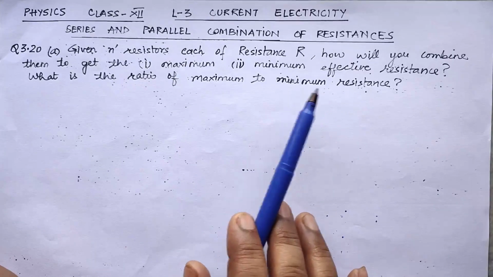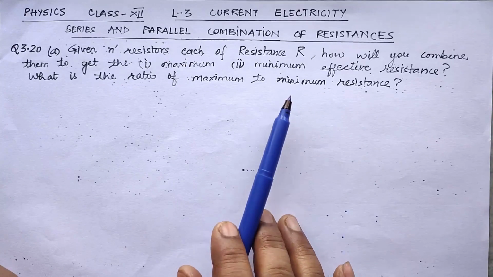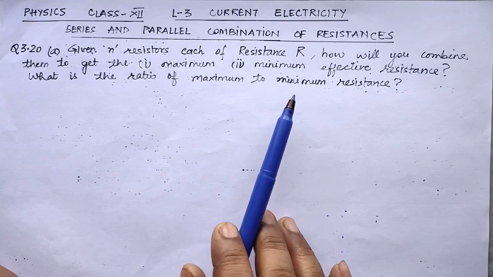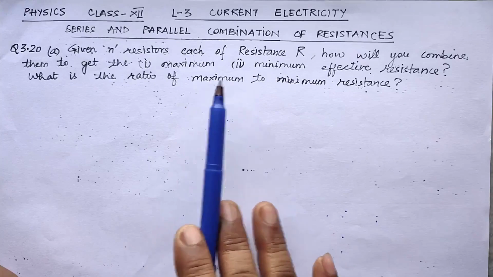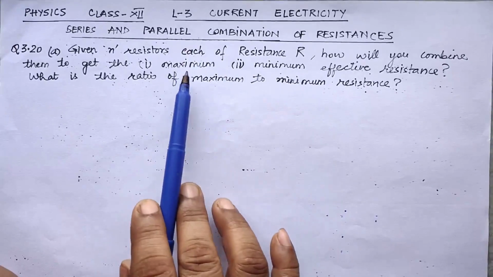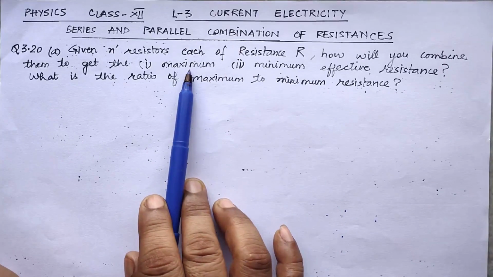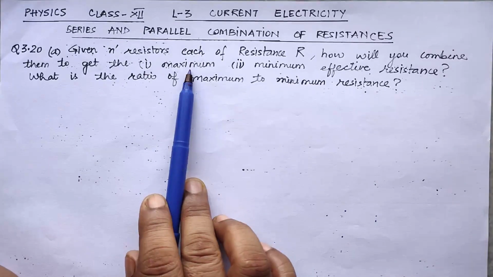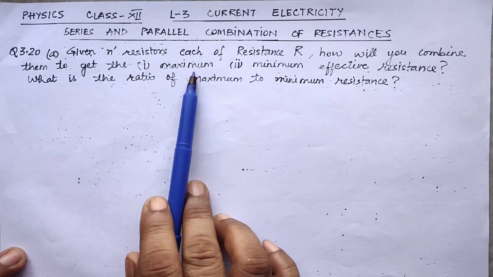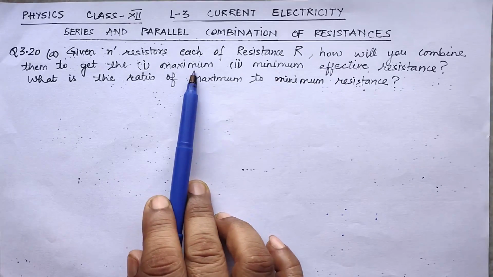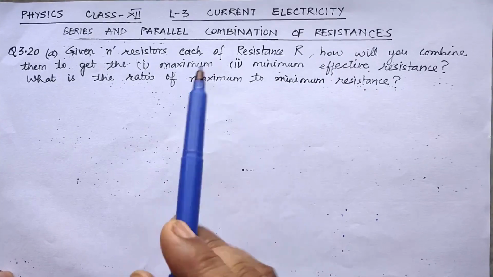And if these two are connected in parallel, 1 upon R equivalent is given as 1 upon R1 plus 1 upon R2. That means if you add them in series, the value increases. So the part of the question where we are asked to find the maximum value of resistance means the resistances should be connected in series to get the maximum value of combined resistance.